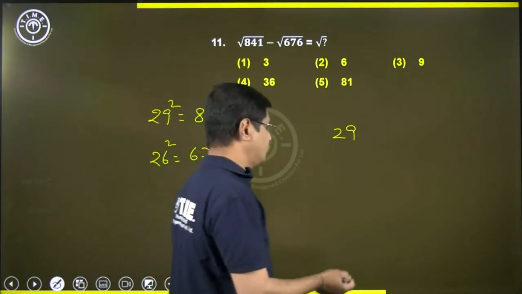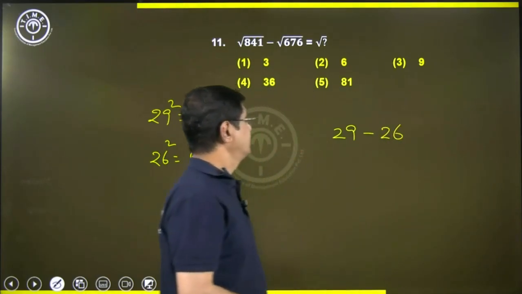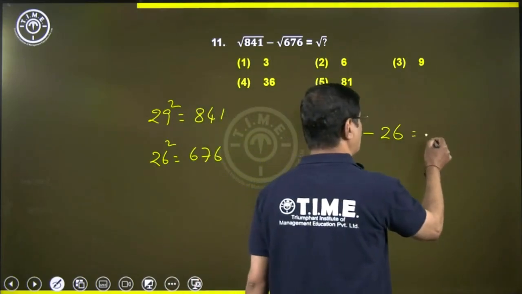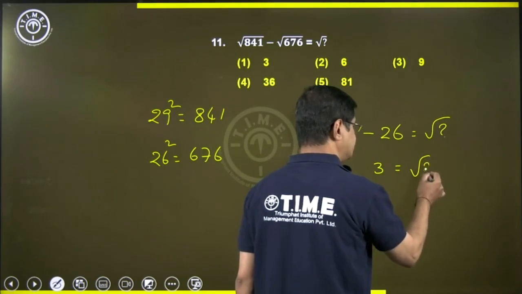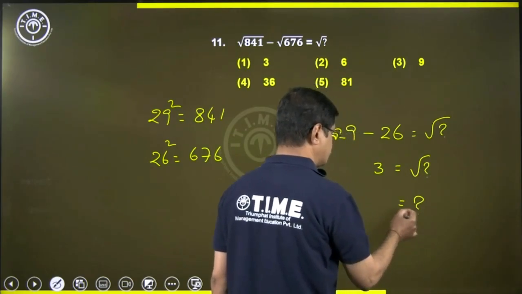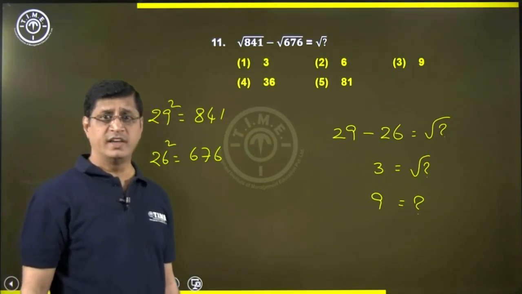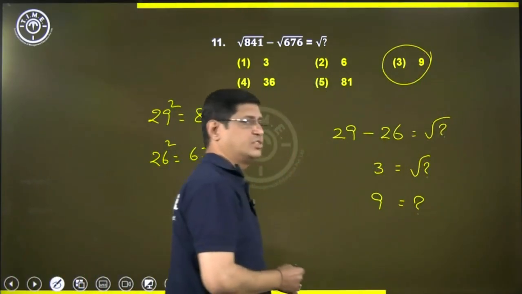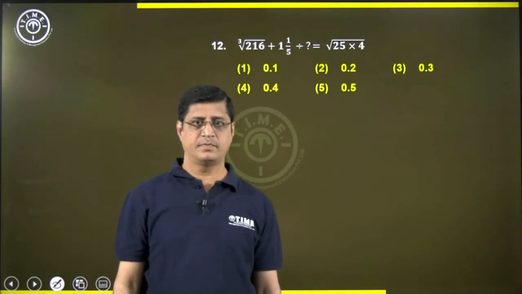So 29 minus 26 is equal to square root of question mark. Now squaring on both sides. The value of the question mark is 9. Now what is the right choice? Yes, you are correct. Option 3 is the answer for this question.